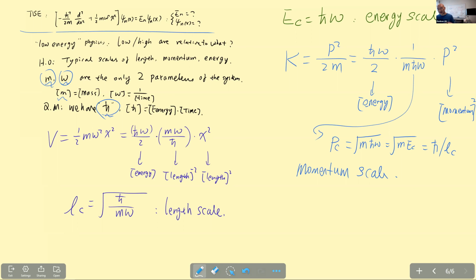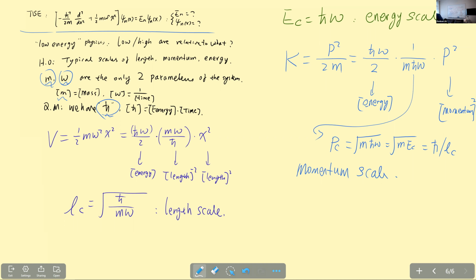And this means it's probably interesting to write this time-independent Schrodinger equation in this unit system. So we use this length scale as the unit of length, this momentum scale as the unit of momentum, and so on for the energy.